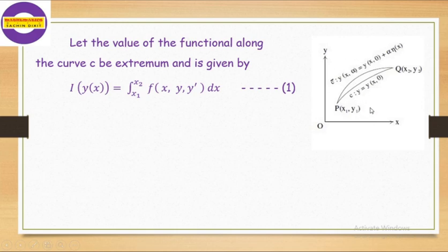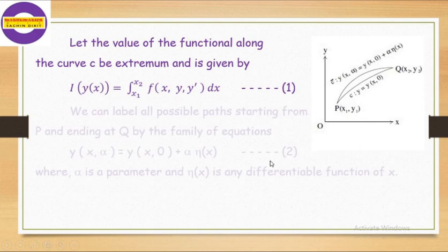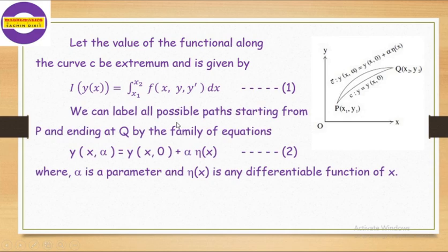Again we consider this diagram. We can label all possible paths starting from P and ending at Q by the family of equations y of x, alpha equals y of x0, the basic curve which we say extremizes this function I of y(x), plus alpha times eta of x.